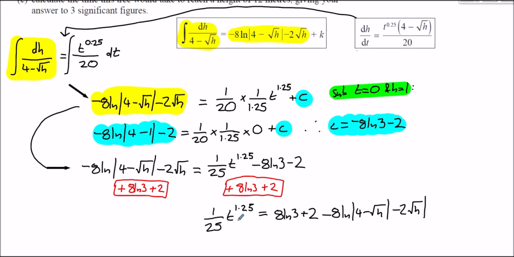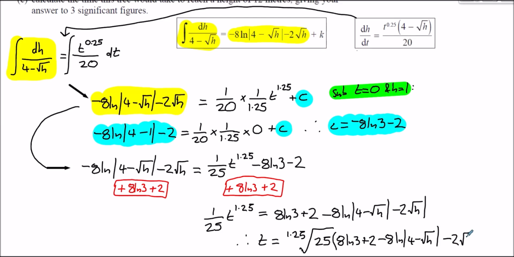So now I can rearrange this by first of all multiplying everything by 25 and then doing the 1.25 root. So therefore t is going to be the 1.25 root of 25 times all of this stuff: 8 ln 3 plus 2 minus 8 ln of 4 minus root h minus 2 root h.